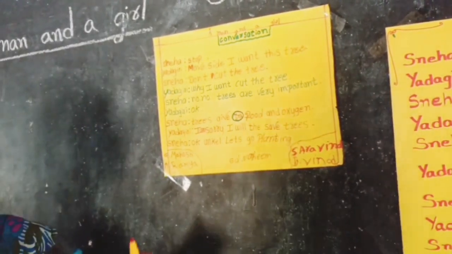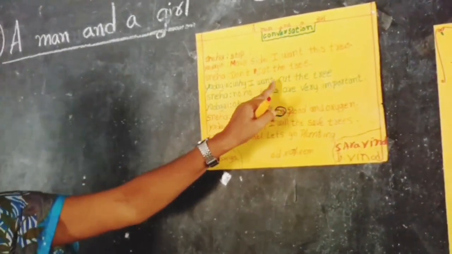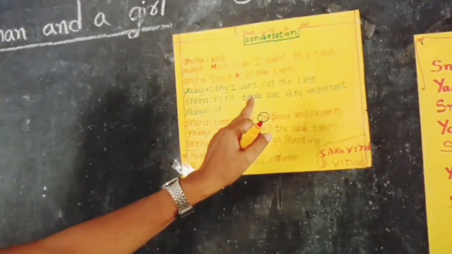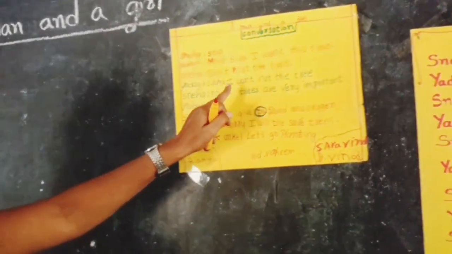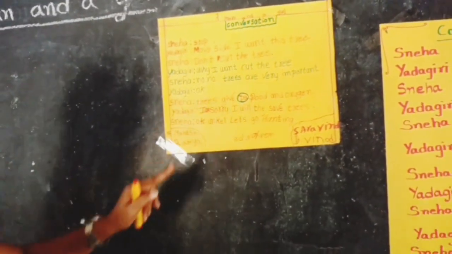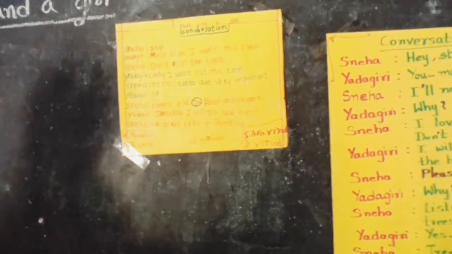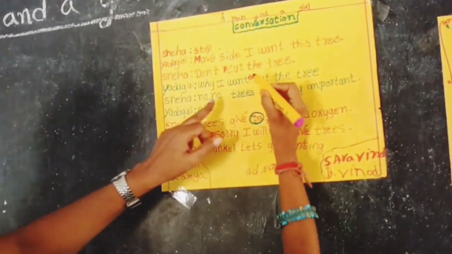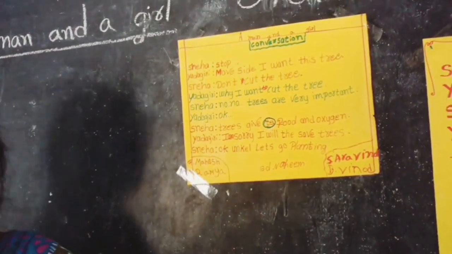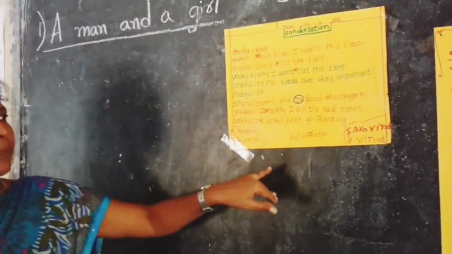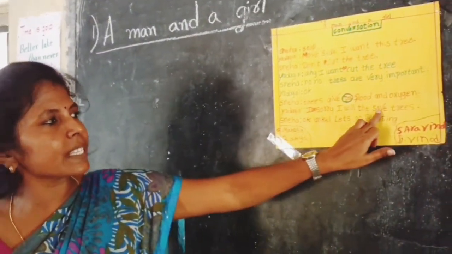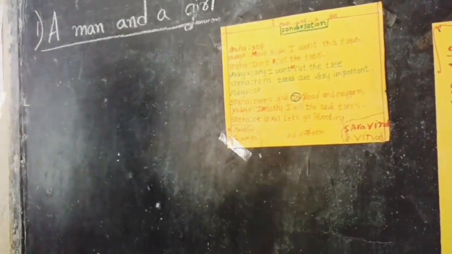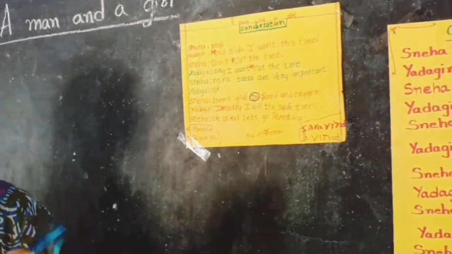So see the next sentence, children. I want cut the tree. Is there any word missing? Two. Okay. So you want to add? Come on. Where do you want to add, ma? Take this. Okay. I want to cut the tree. Okay. Fine. Look at the next sentence here. I will the save trees. So do you want to change the word order? Or how? What will you do?